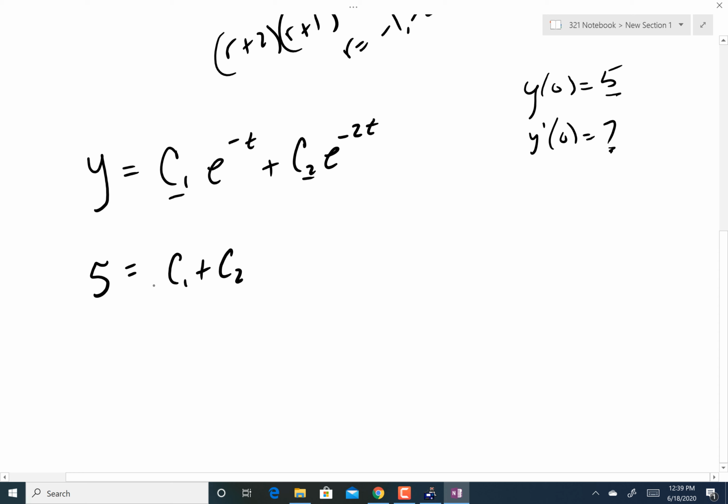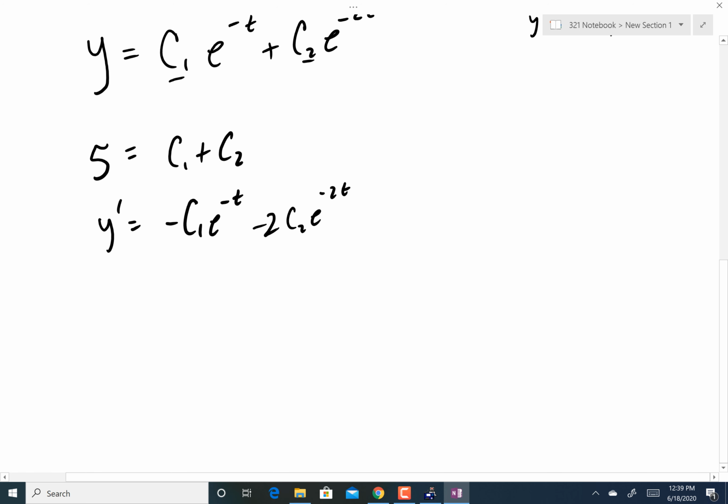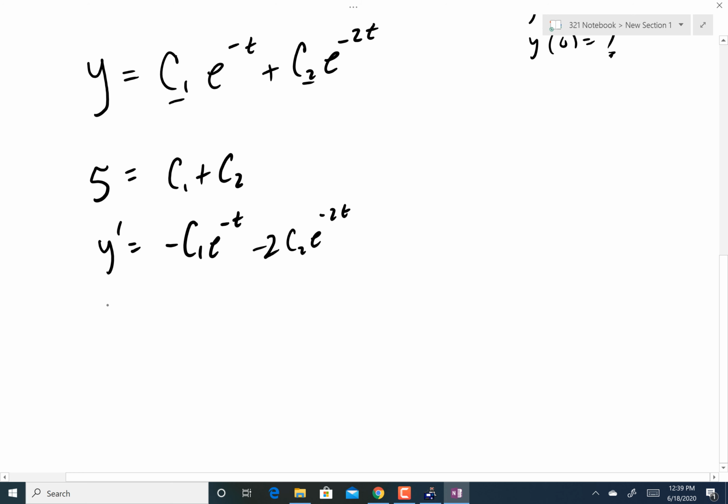If you take the derivative, you get y prime, and if you put 0 into that, you're going to get 7. And so it's a matter of solving this system of equations.